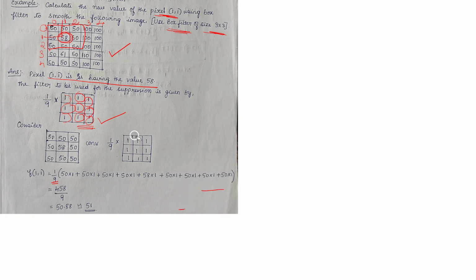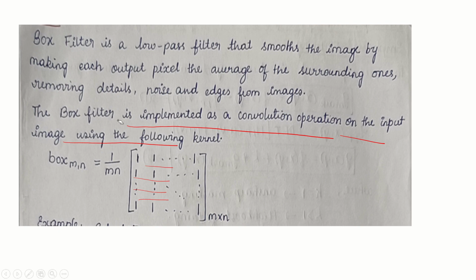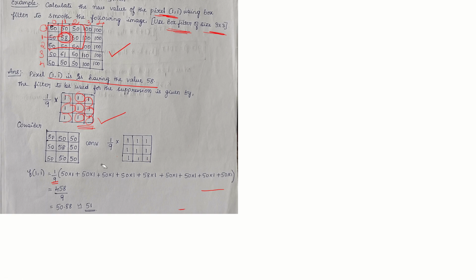If I place this filter on my image, this one will be placed on this 50, and likewise for the other corner and edge positions, each one placed on a 50. The center one will be placed on this 58. So now I have to perform the convolution operation.